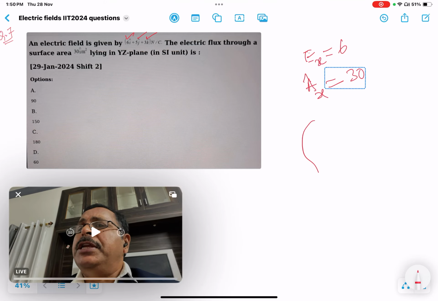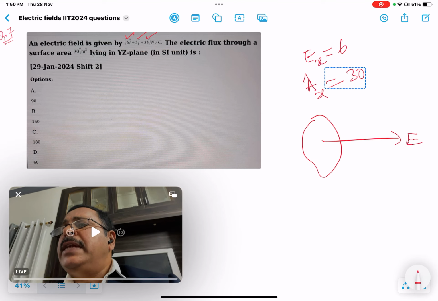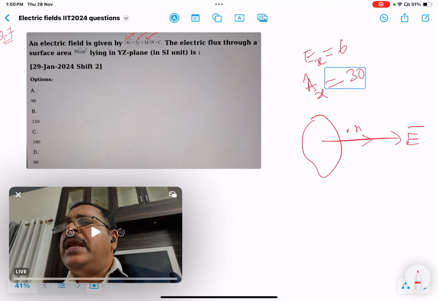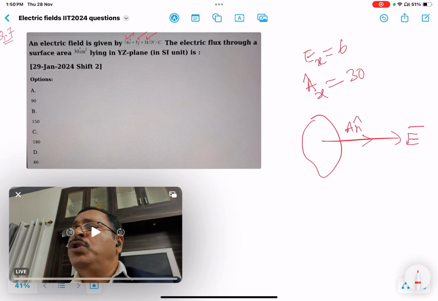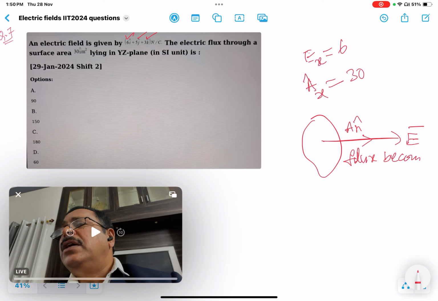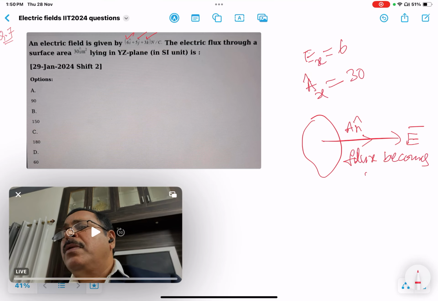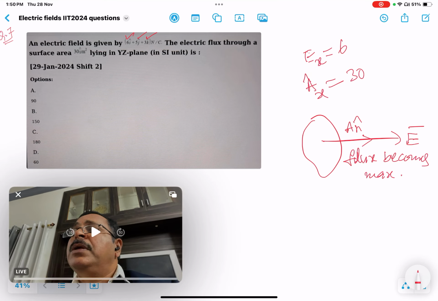Remember this point: to define the flux, the intensity direction should be along the normal radial vector an cap. Both should be in the same direction, then only the flux becomes maximum. The flux becomes maximum under what condition? If the normal area is parallel to the electric field intensity.